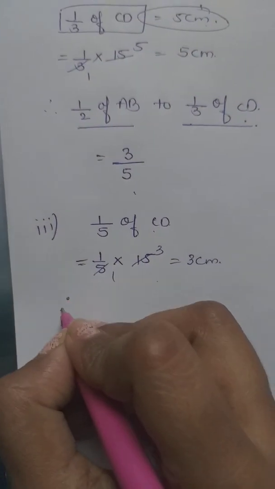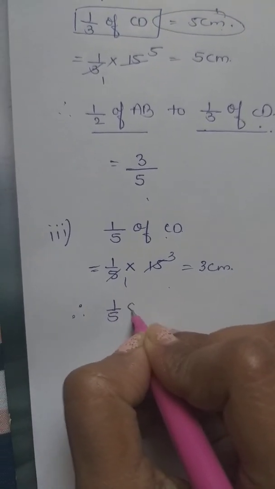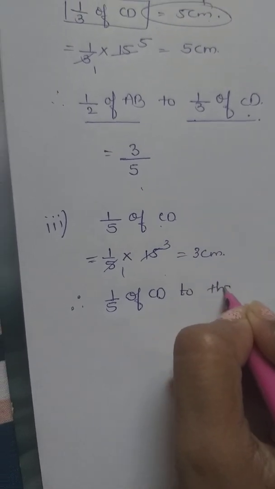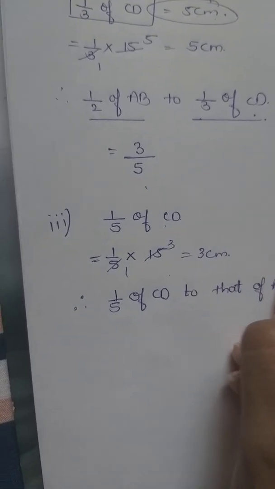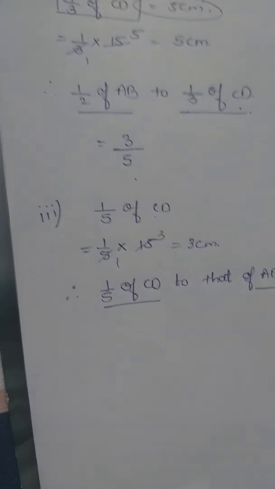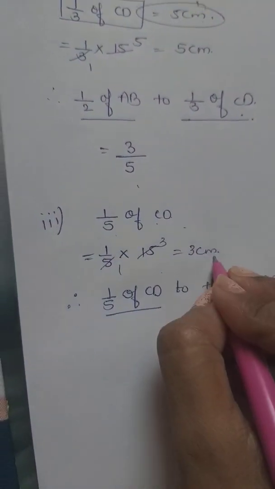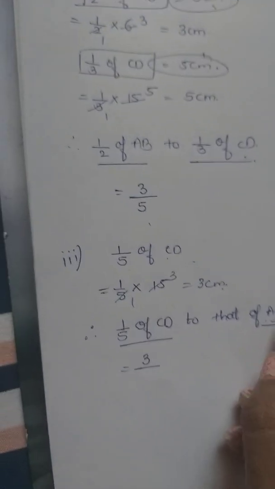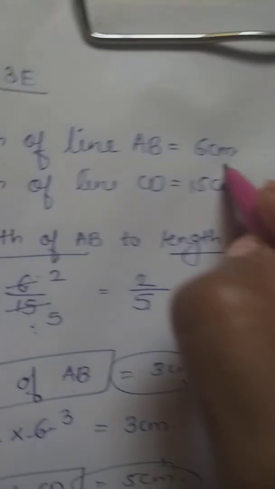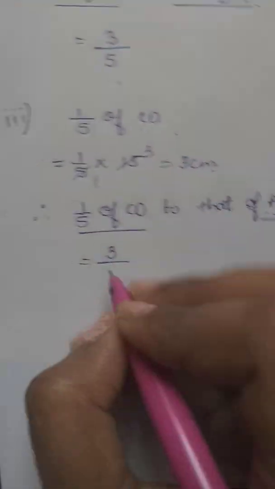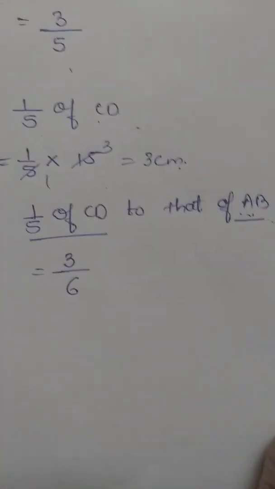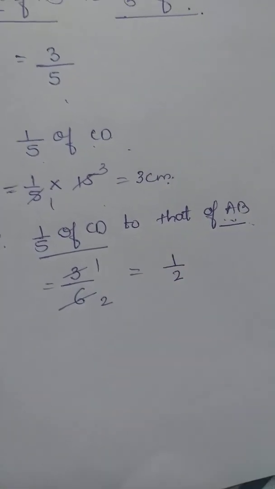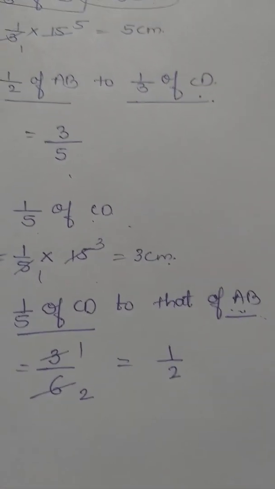Therefore 1/5 of CD to that of AB. This is the numerator, this is the denominator. 1/5 of CD is 3 centimeter and AB is 6. Is cancellation possible? Yes. 3 1s are 3, 3 2s are 6, so 1/2. A fraction we cannot write with any unit.